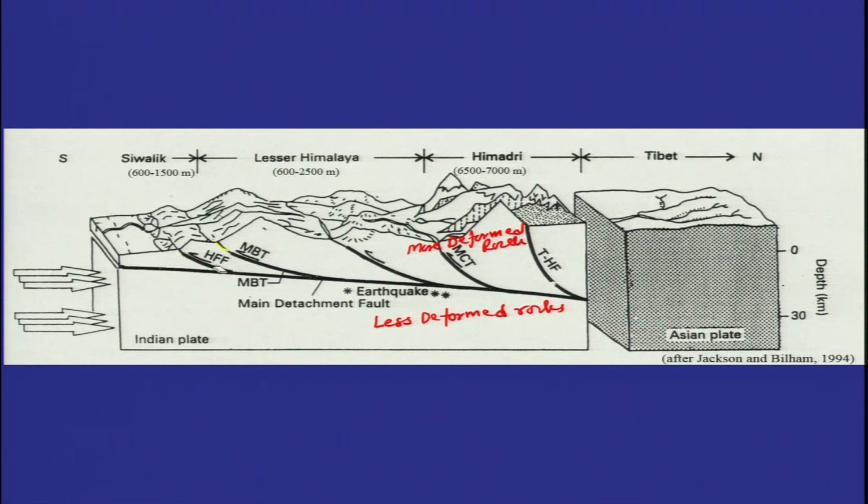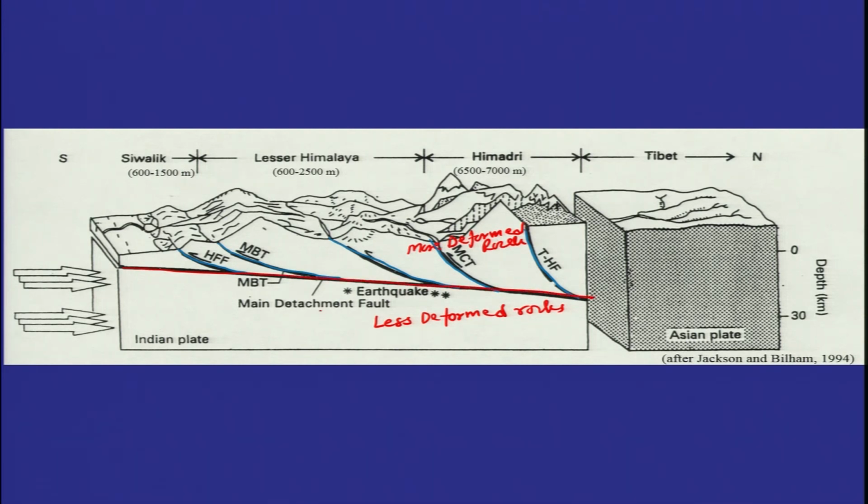I'll take another color. This is not coming out well, so maybe the blue one. So we have this one here, we have another, then we have this one here. There's an imbricated fault system which we see along this one.